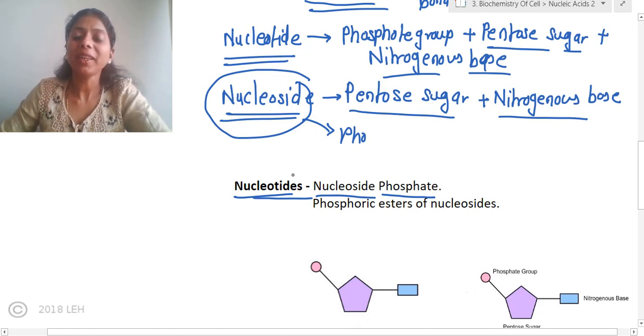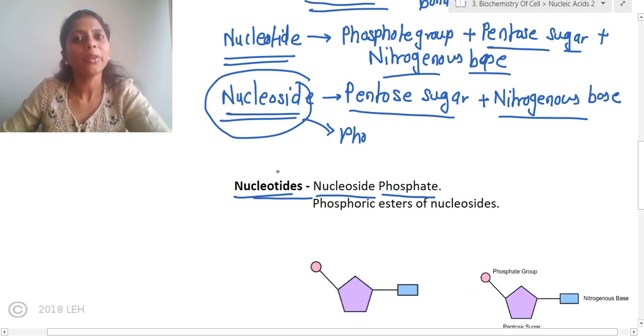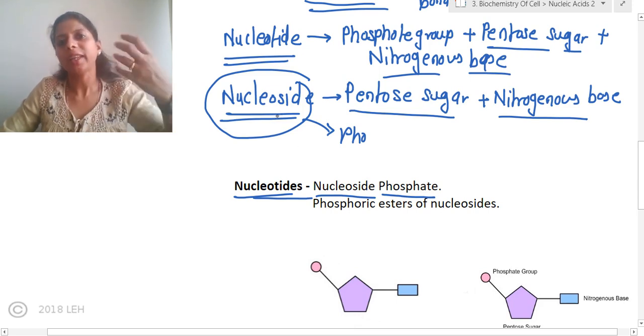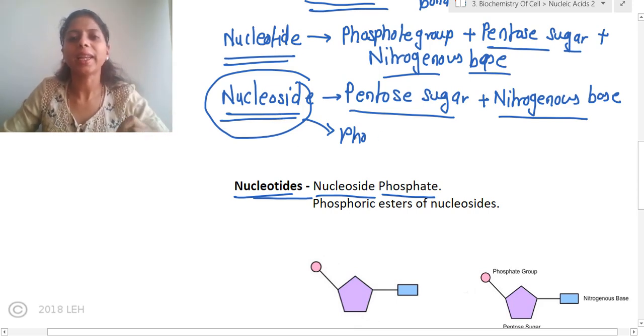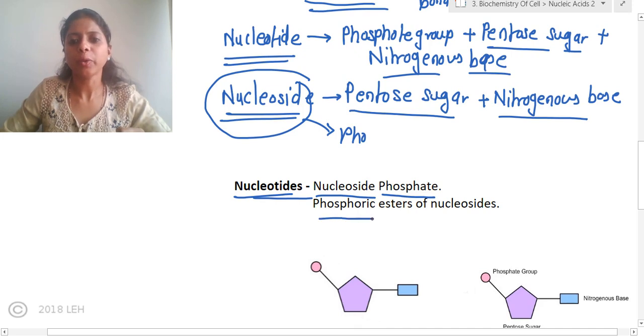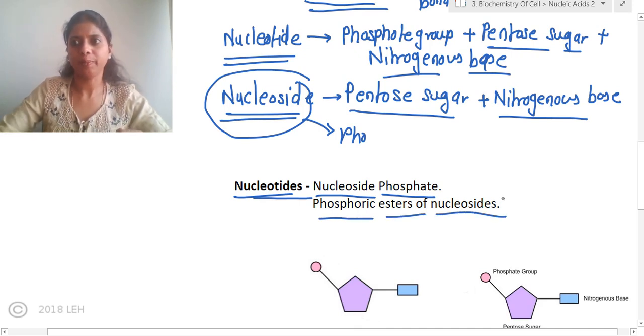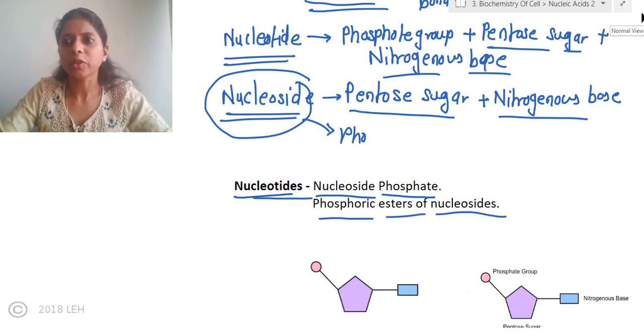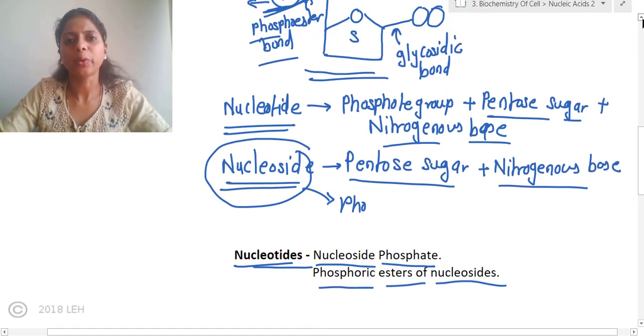That's why one statement in your textbook says a nucleotide is nothing but a phosphate of nucleosides. How will nucleotides form? If I take a nucleoside and attach a phosphate group to it, the resultant will be a nucleotide. And they are even called phosphoric esters of nucleoside.